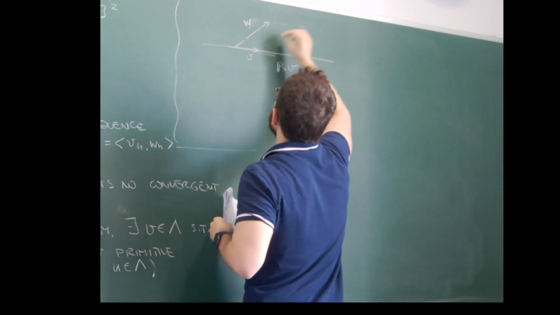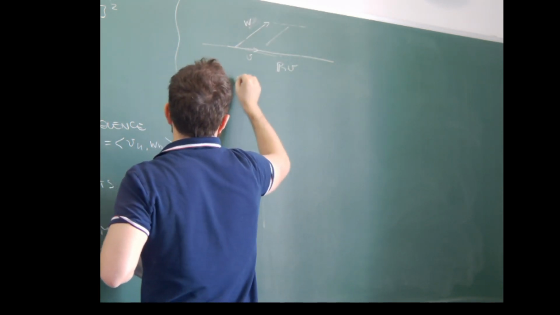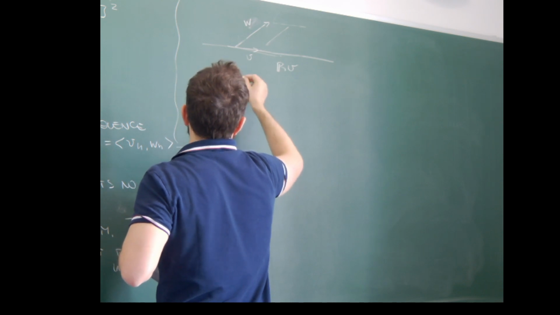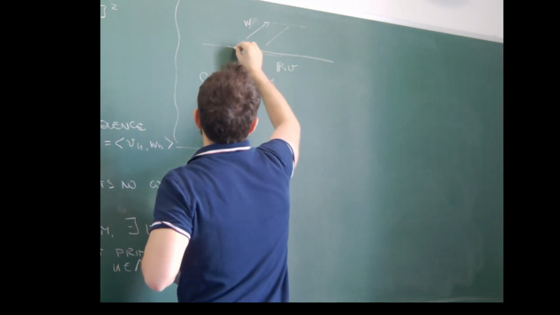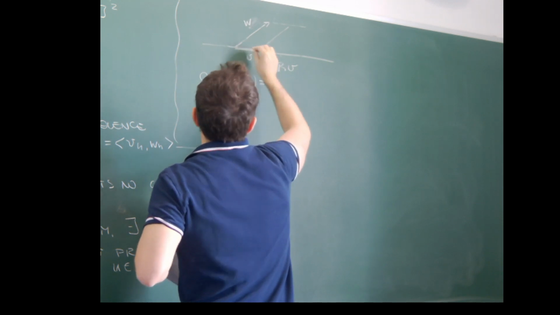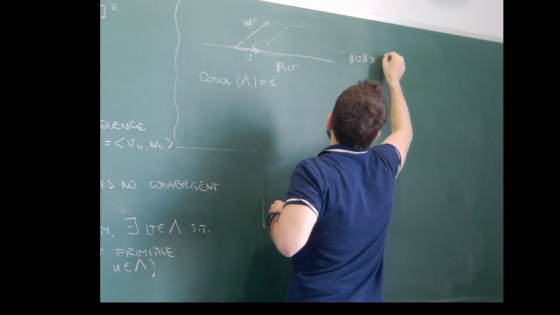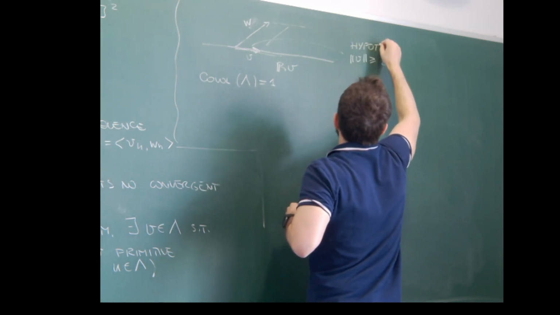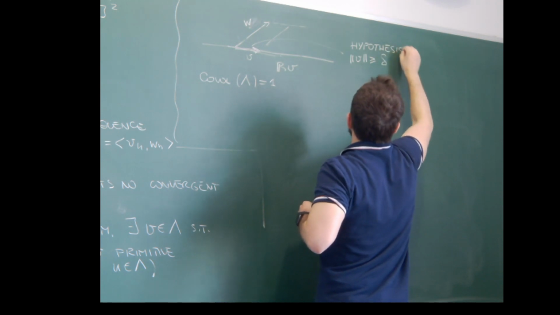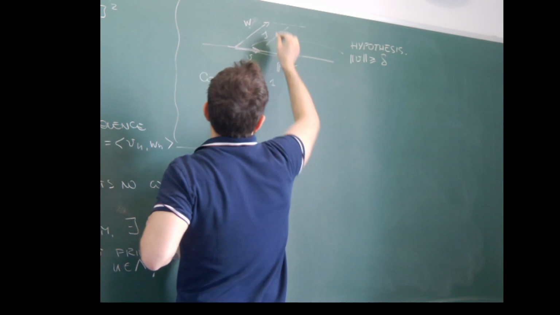So we know that the covolume of lambda is equal to 1, and we also know that the length of v is larger than delta by hypothesis. Okay, so we know that this area here is 1.